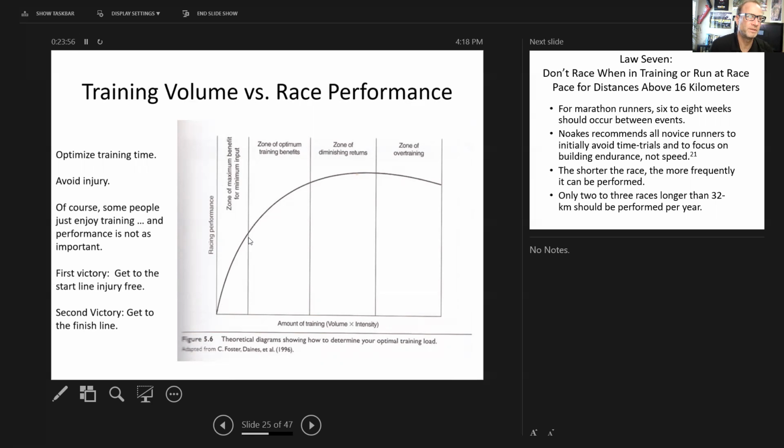Maybe initially you get these big gains, and then a little bit more gains, not so much. But then at some point you just say, it's not worth it to add another session of running, because you're going to increase your risk of an injury, and you're better off doing something else.